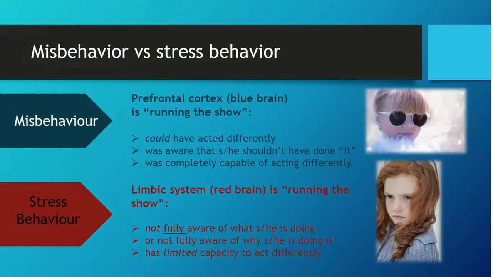If it's stress behavior, when the part of the brain which is running the show is the limbic system, the red brain, the emotional brain, then the child is not fully aware of what they are doing, or not fully aware of why they are doing it, and or has limited capacity to act differently. Then would it be a bit different?